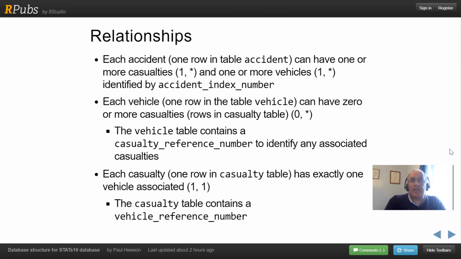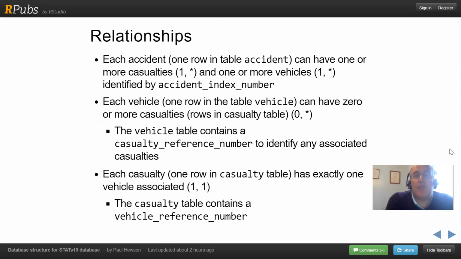And then, as well as having these entities, so an accident or a collision, casualties that are involved in those collisions, and vehicles that are involved in those collisions, there are also clearly relationships between them. And every accident, every row in the accident table can have one or more casualties associated.